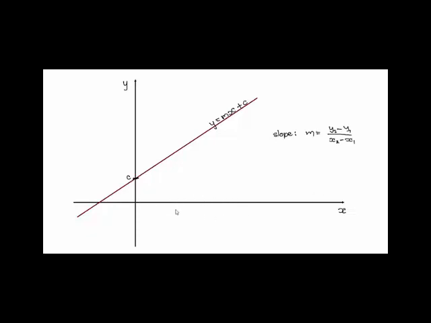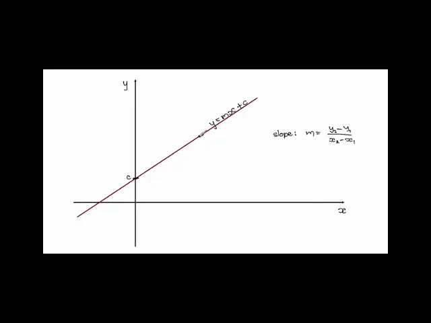But all this starts from a simple idea which we can link to the gradient of a straight line, knowing that the equation of a straight line is y = mx + c, where m is the slope of the line, which is calculated this way using any 2 points on the line.